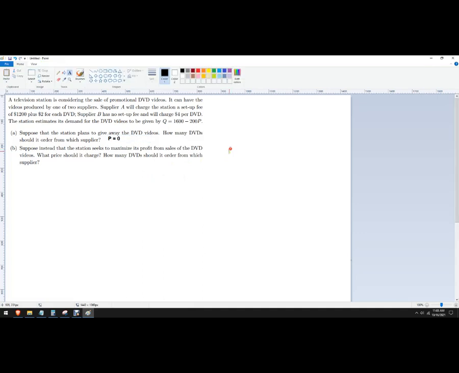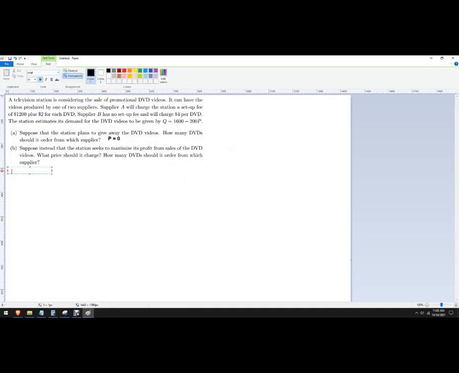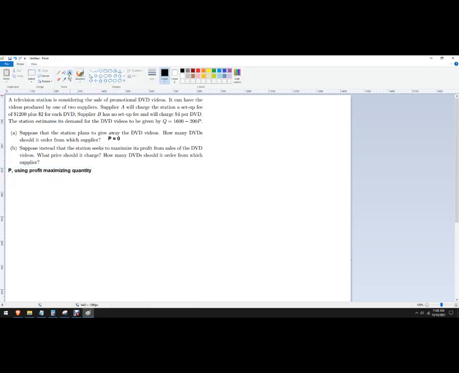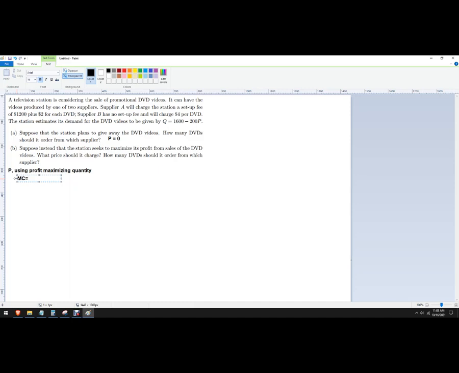And then in this case, we want to produce to where price, using what's called the profit maximizing quantity. So we need to figure out what is profit maximizing, and that is going to be done where the marginal cost equals marginal revenue, but we've got two different marginal costs.